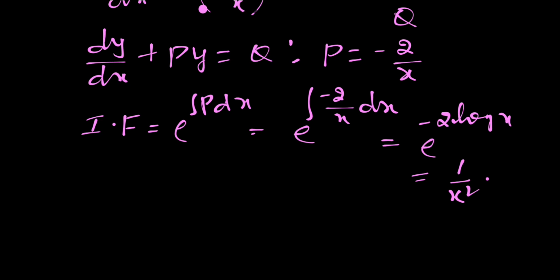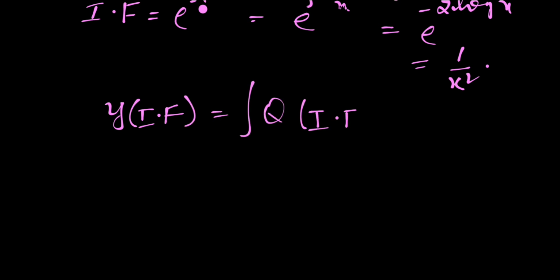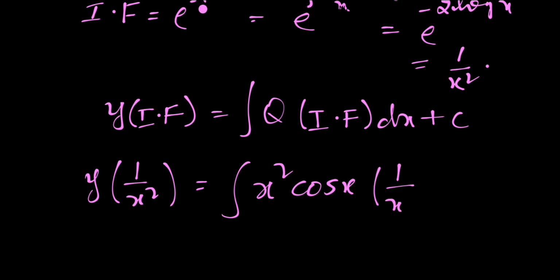So now we have to write the general solution. The general solution formula is y into integrating factor is equal to integration q into integrating factor dx plus c. So y into integrating factor 1 by x square is equal to q into 1 by x square, q means x square cos x, into 1 by x square dx plus c.